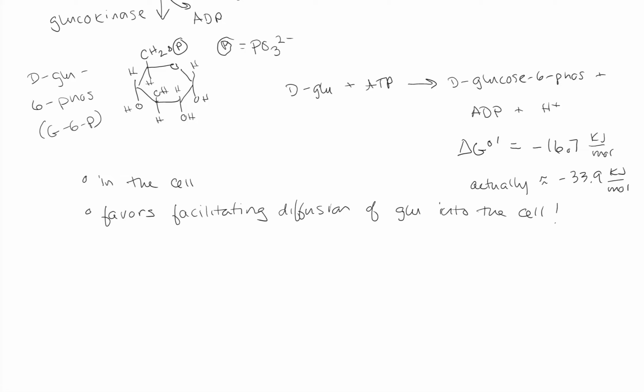And we know that if we are trying to make glucose into ATP, we want glucose going into those cells. Finally, this allows regulatory control to be imposed.